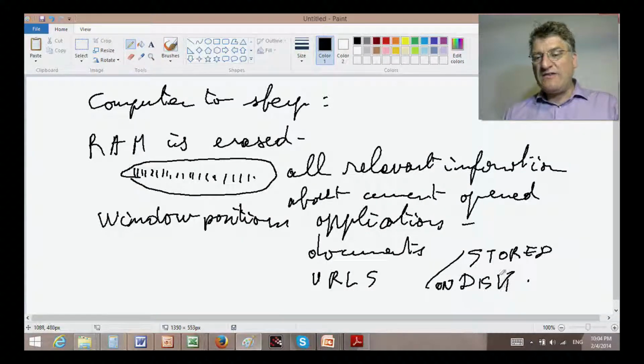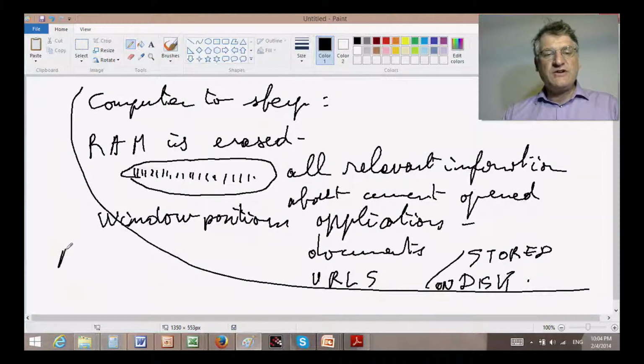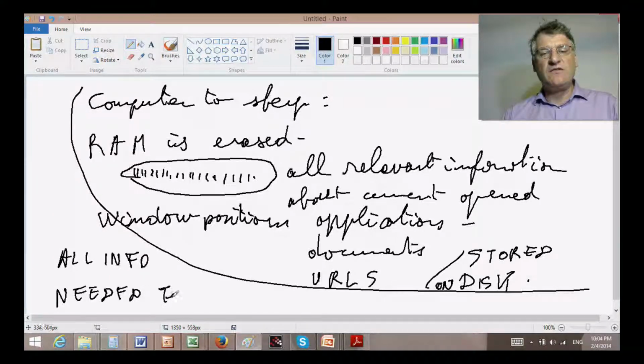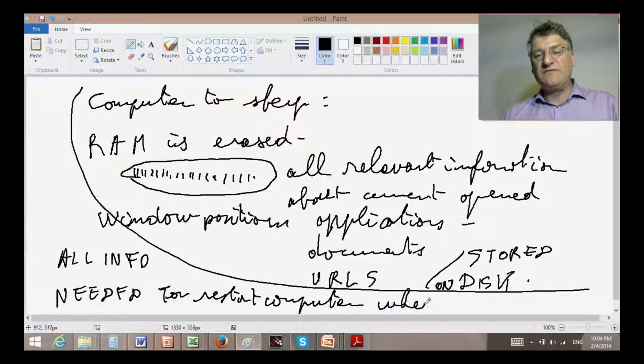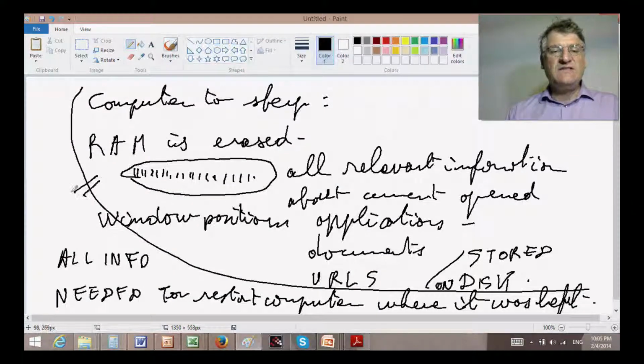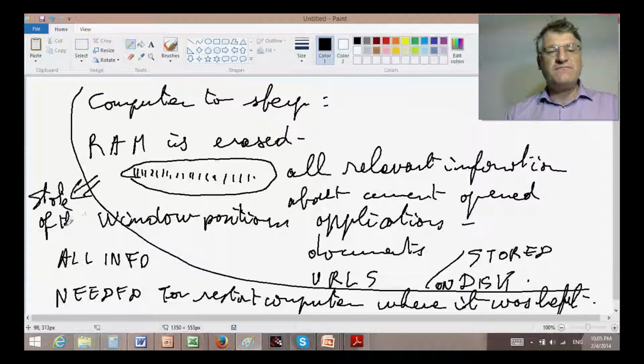What they represent is all the information needed to restart the computer where it was left. And so it is literally the state of the computer.